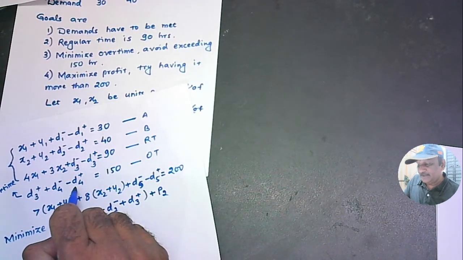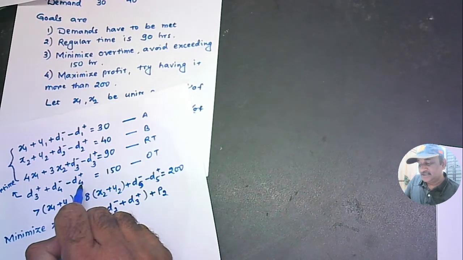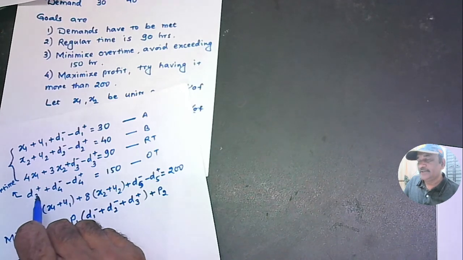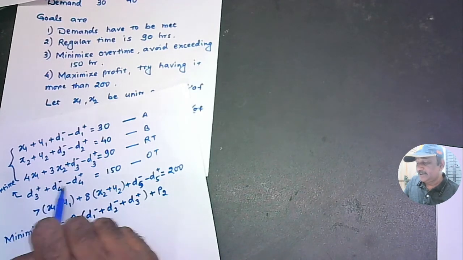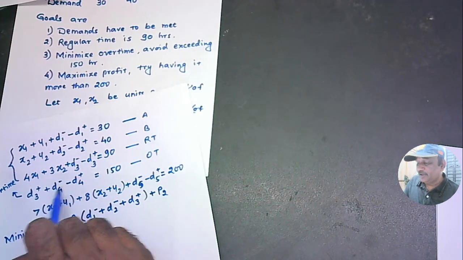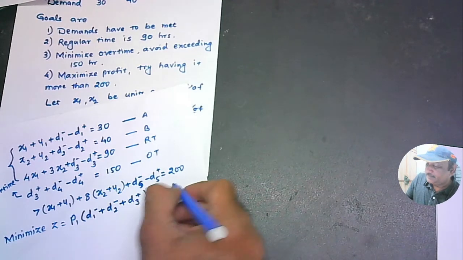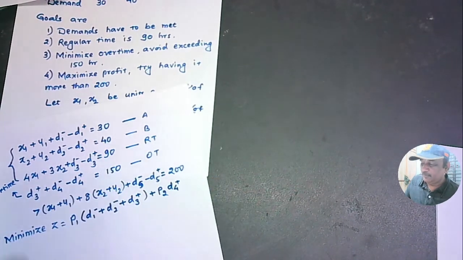I will keep D4 plus, because limiting overtime to 150 requires D4 plus to be minimum. I want to minimize D4 plus.